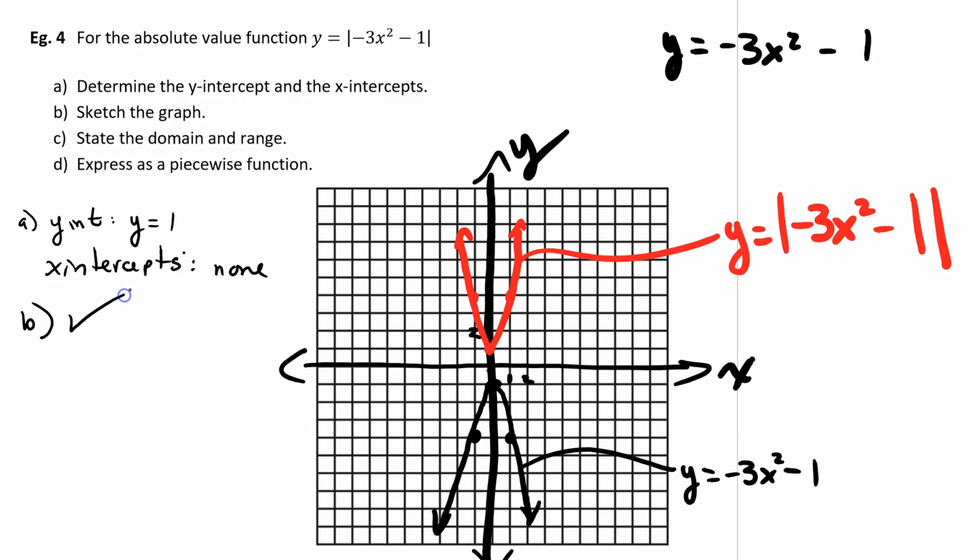B. Sketch the graph. Check. C. State the domain and range. Now, it's actually going to be greater than or equal to positive 1 for the range. But let's first start out with domain. So domain is going to be x such that x is an element of the reals, or we say that x's are between negative infinity and positive infinity.